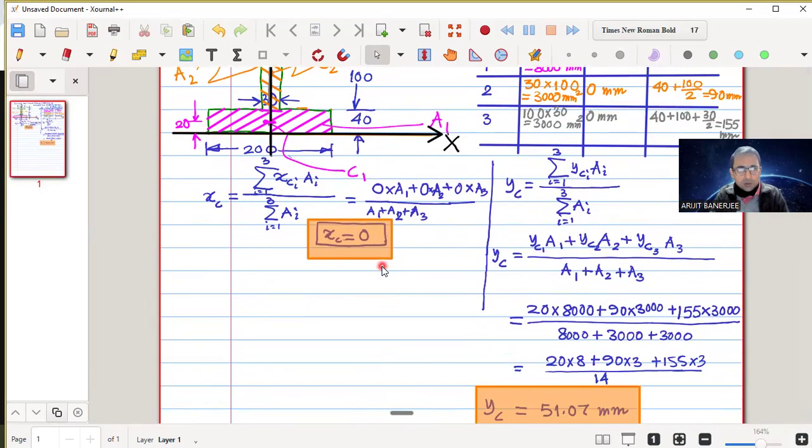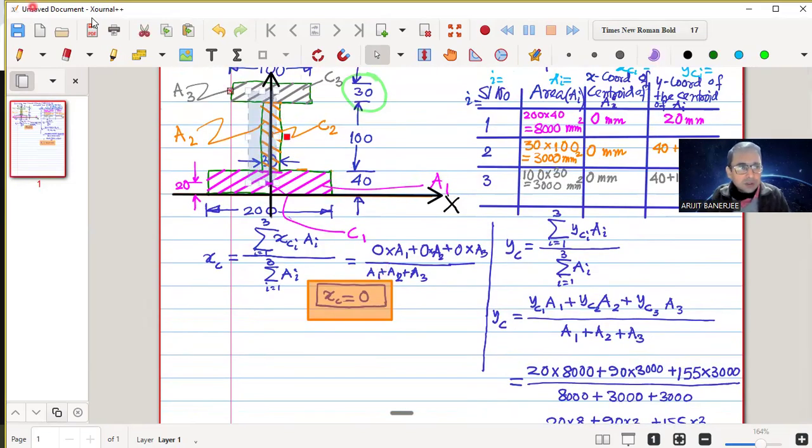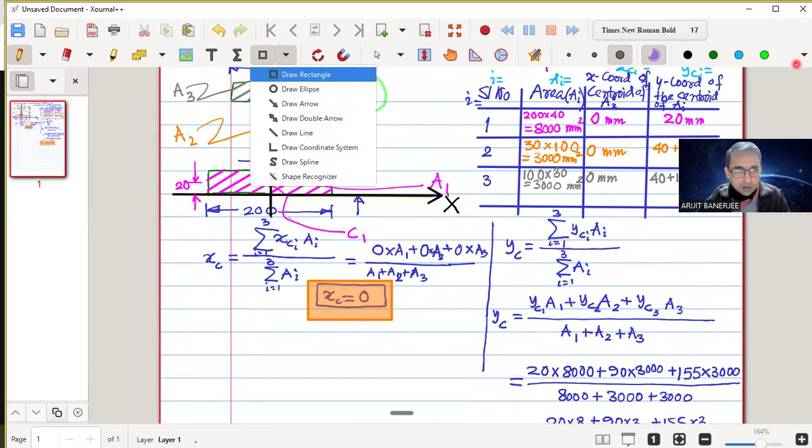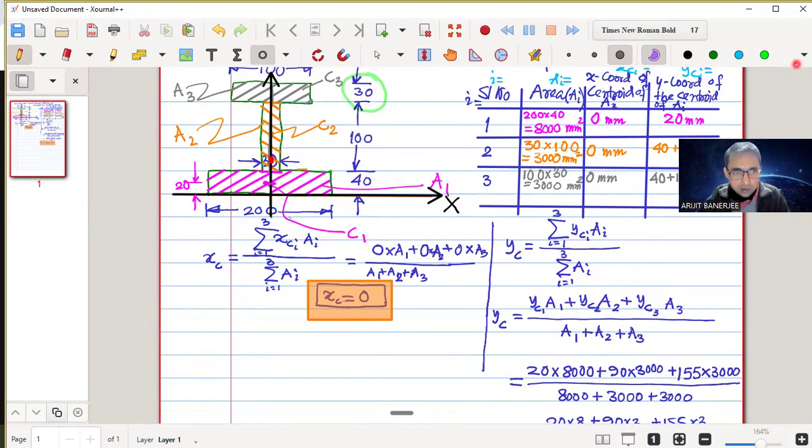XC, YC. So let us just mark them. YC is 51, so it will be somewhere here. It is somewhere here.